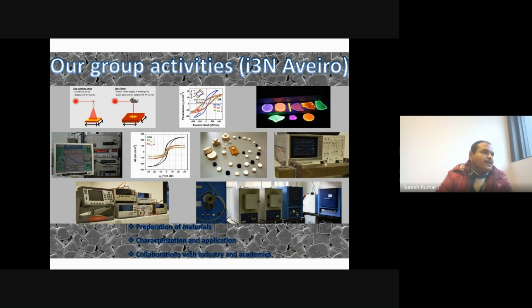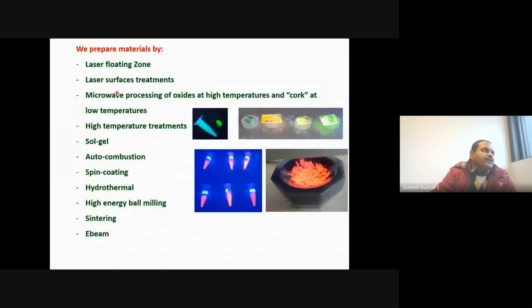My interest is in optical materials, where we grow single crystals, glasses, and phosphor materials for luminescence applications. We prepare materials through different methods like laser floating zone, laser surfaces, microwave, high temperature treatments, sol-gel, auto combustion, either wet or dry. So we have a lot of facilities.